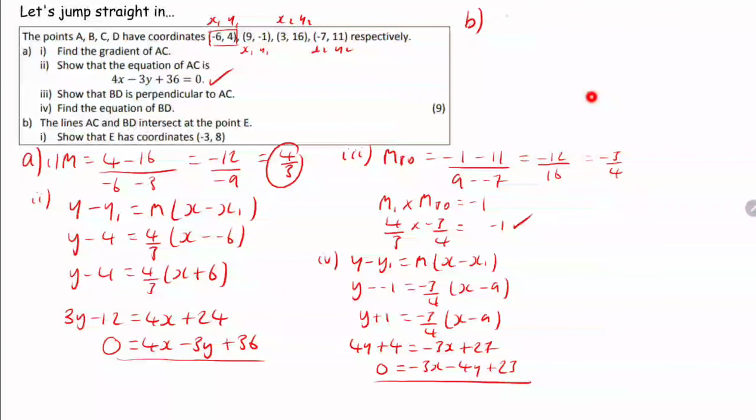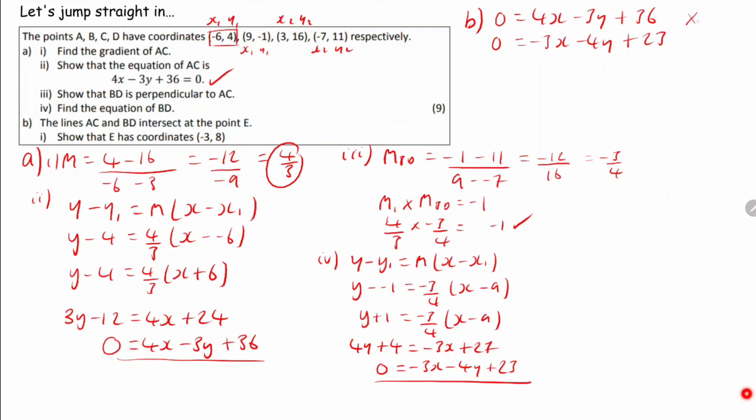So what we have is two simultaneous equations. The first one being 0 equals 4x minus 3y plus 36. And the second one being 0 equals minus 3x minus 4y plus 23. So step 1 is to try and get the y coefficients equal.